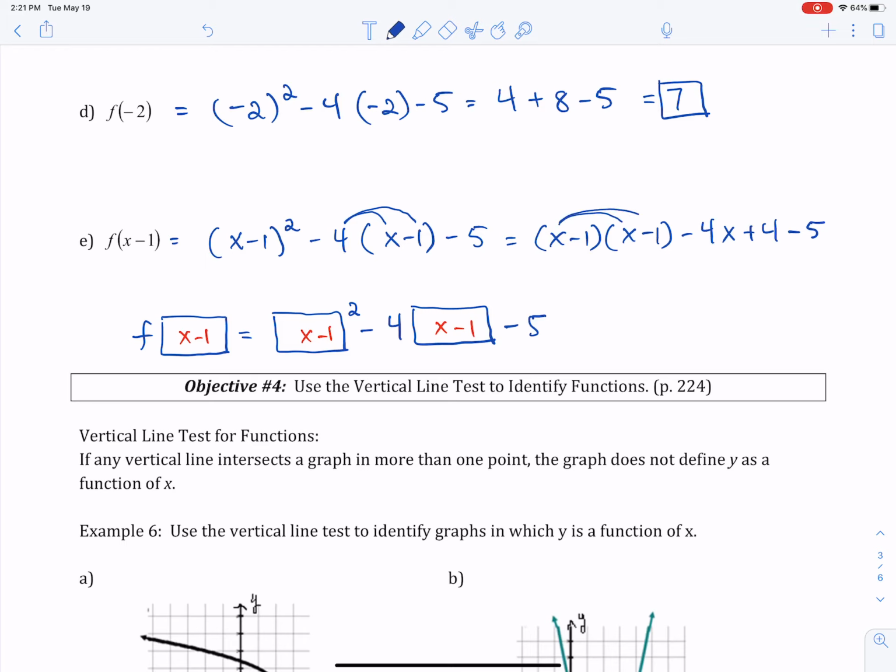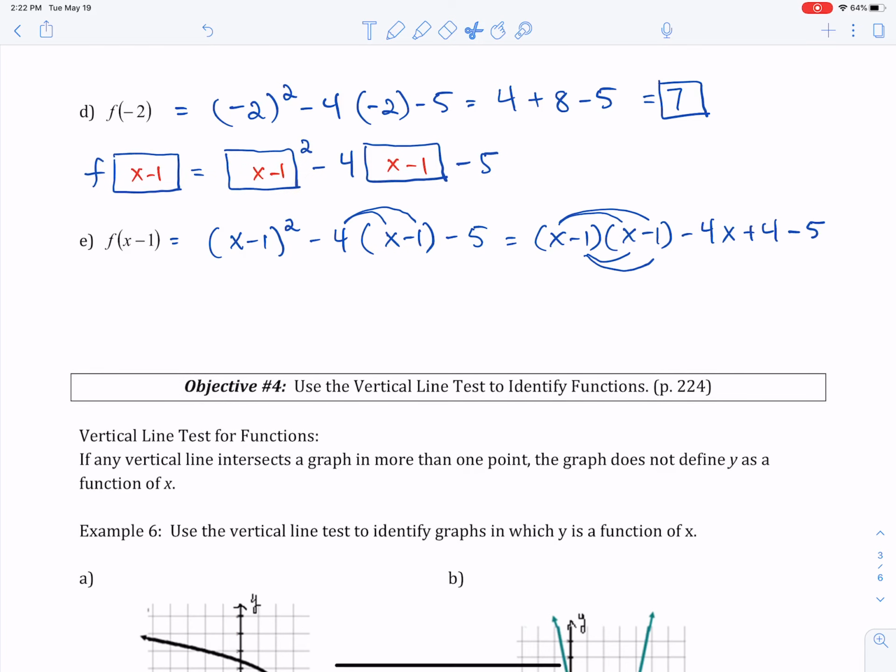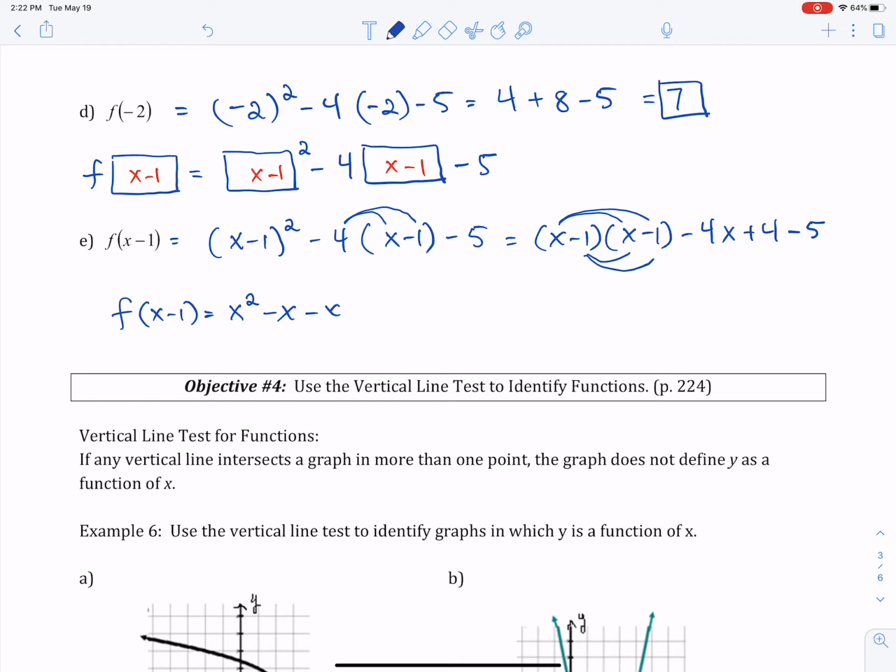We need to use the distributive property here. I'll remove this box, it's not needed anymore. So f of x minus 1 turns out to be x times x is x squared, x times negative 1 is negative x, negative 1 times x is negative x, negative 1 times negative 1 is positive 1, minus 4x plus 4 minus 5, and finally combine the like terms.